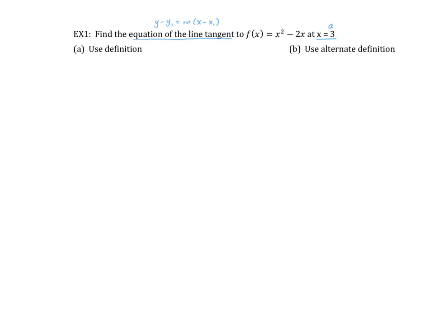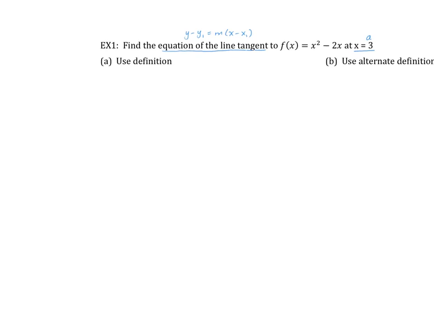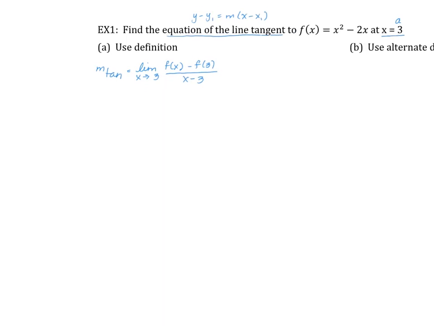So the first definition we saw is going to give us the slope of a tangent line, which would equal the limit as x approaches a, in our case a is 3, of f of x minus f of a, which is 3, over x minus 3. So this is the limit that we're going to evaluate. This will give us the slope of our line, and then we just need our point.